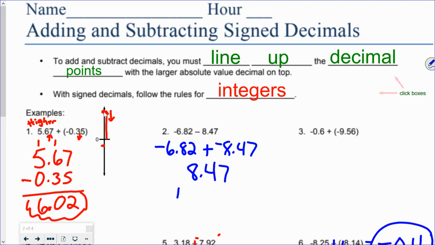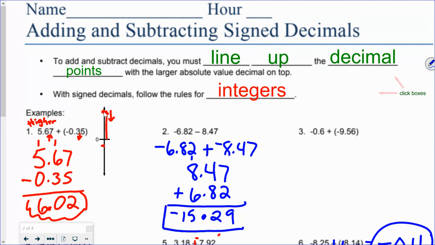Because they're the same signs, we are adding. Now we can add them up. The reason why we line up those decimals is I know exactly where my decimal is going to go every time. Because they are both negative, decreasing twice, we get a negative 15 and 29 hundredths.